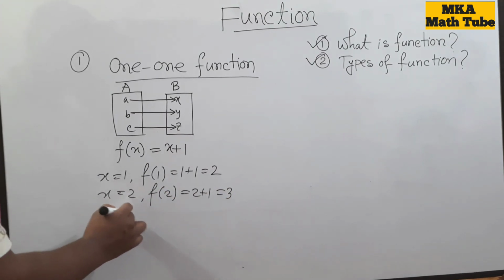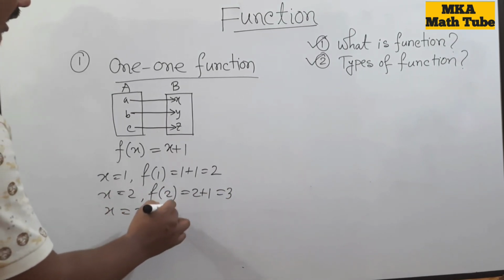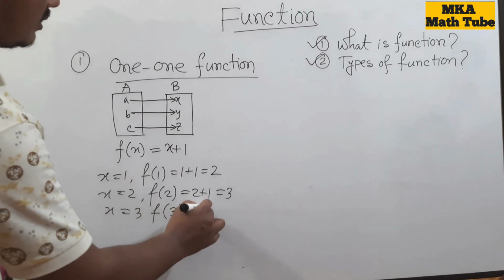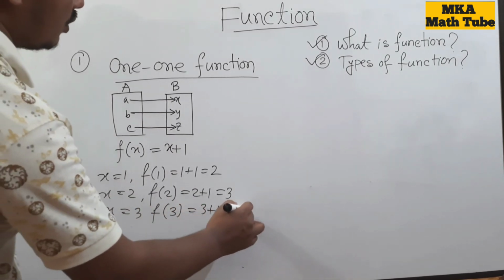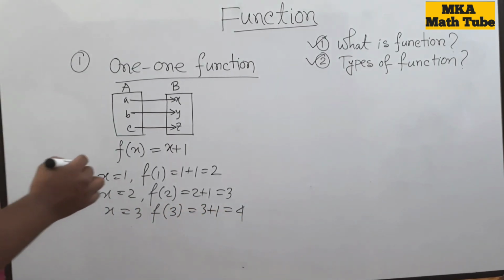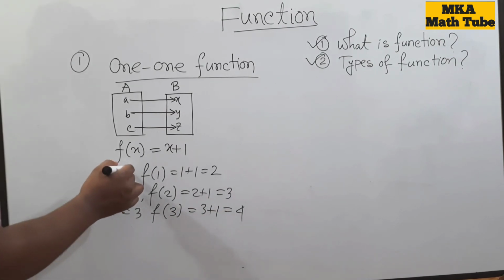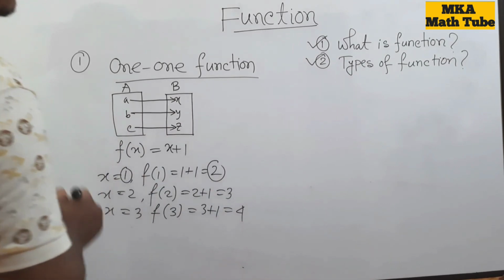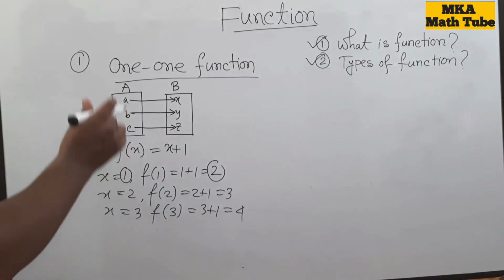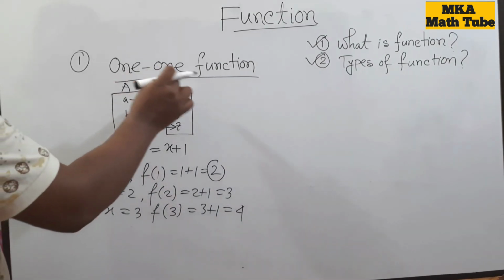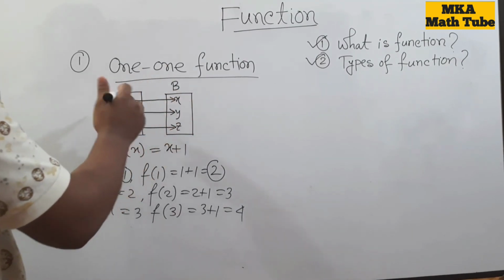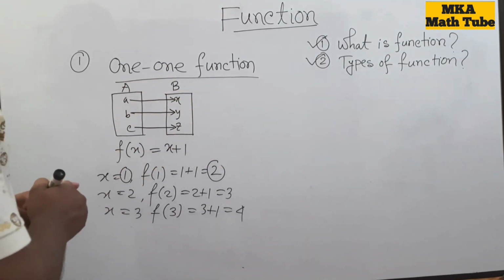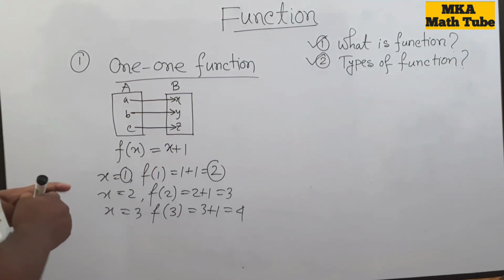If x equal 3, then we'll get f of 3 equal 3 plus 1 equal 4. That means for each input we'll get one output. That means for one value we'll get one output. That's why this function is called a 1-1 function.